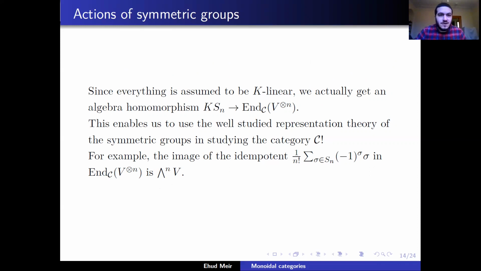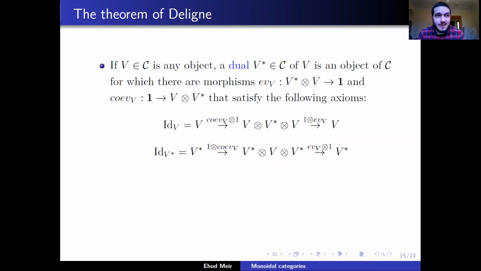Okay. Now, another concept we need in order to state the theorem of Deligne is that of dual. If we have an object in a monoidal category, and this works for any monoidal category, not only symmetric or braided ones, we can say that a dual V star of V is an object of C for which there are morphisms of evaluation, V star tensor V to 1, and co-evaluation, from 1 to V tensor V star.